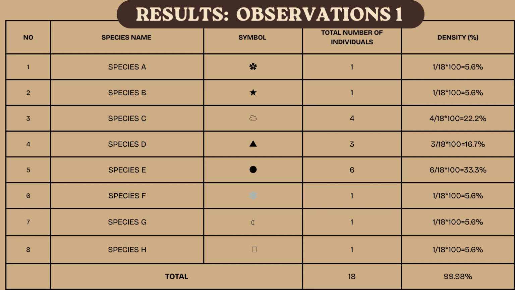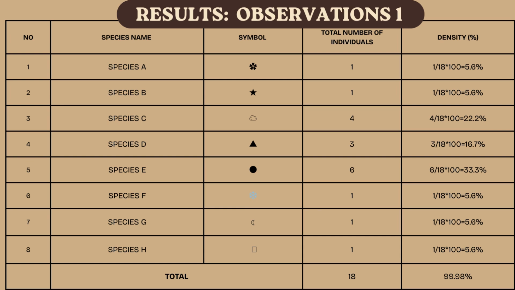Then species B, the symbol is star, count is 1, the percentage is the same as species A, 5.6%. Next, species C, the symbol is cloud, count is 4, the percentage is 22.2%. Next, species D, the symbol is triangle, the count is 3, the percentage is 60.7%.